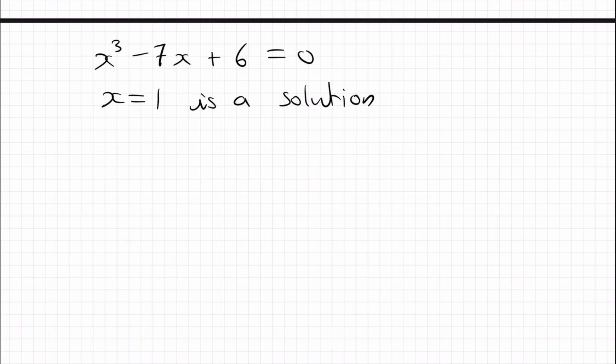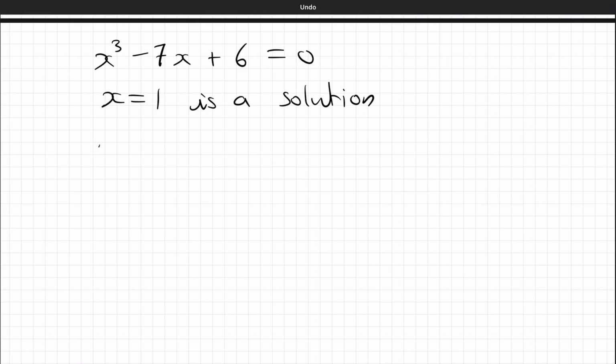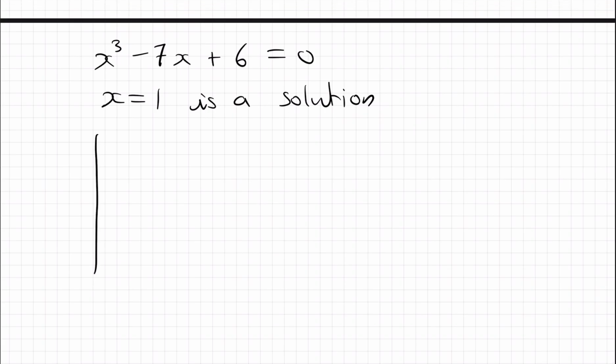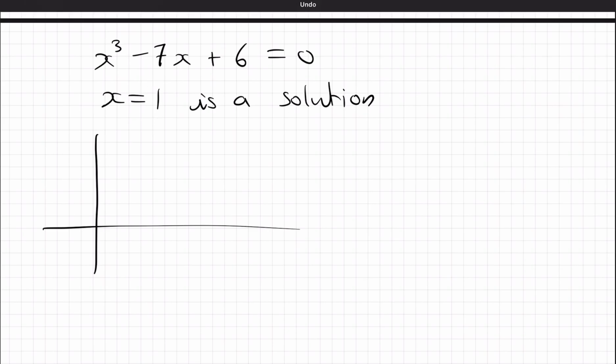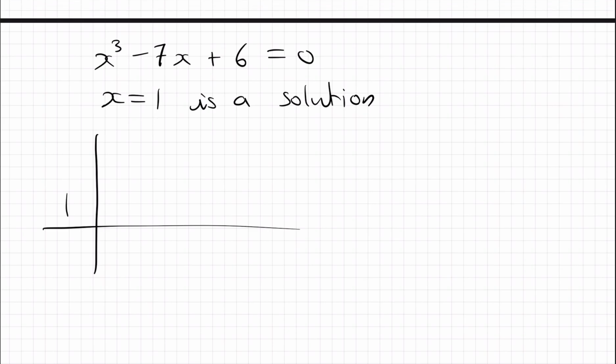We're going to start off with a line and create a sort of bank like this. We put the solution in the top left corner, and we put the coefficients of this into the top row.